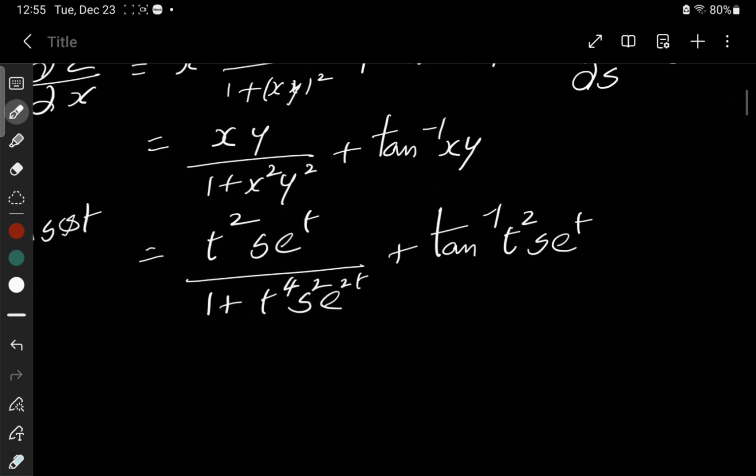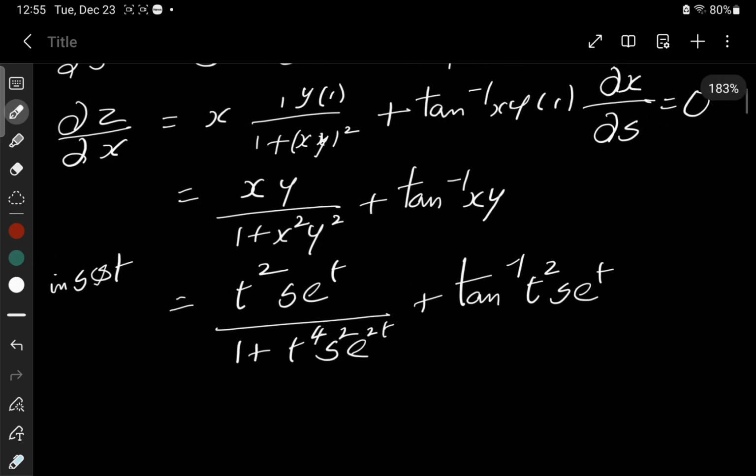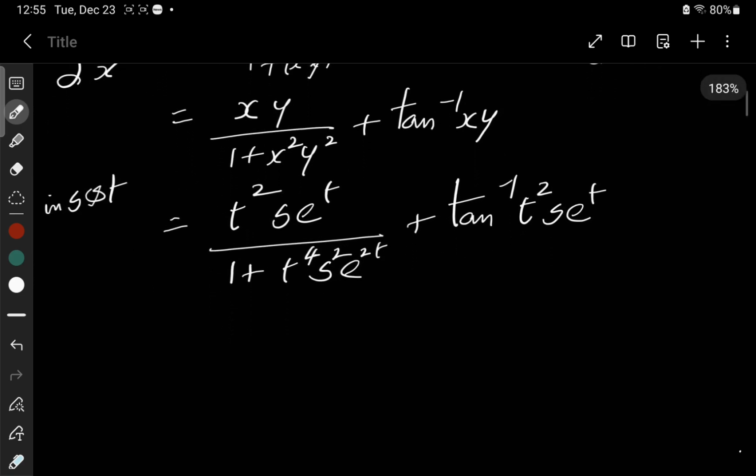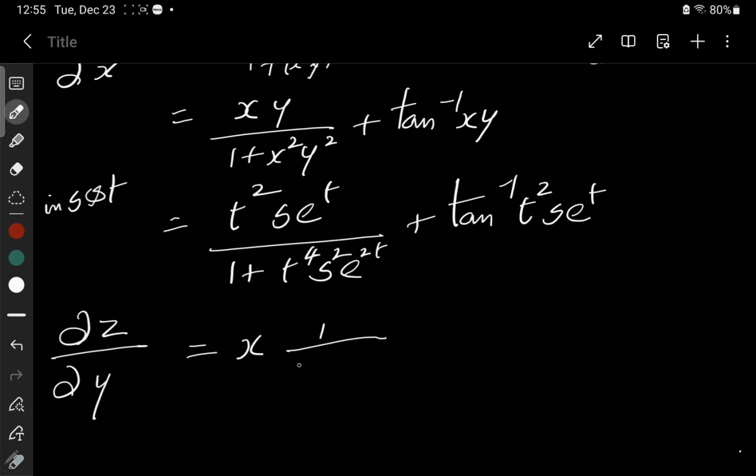Next is dou z by dou y. So x into tan inverse xy, x is constant. Tan inverse xy gives 1 by 1 plus x squared y squared, and keeping x as constant, differentiate y, you get x. So this is x squared by 1 plus x squared y squared.